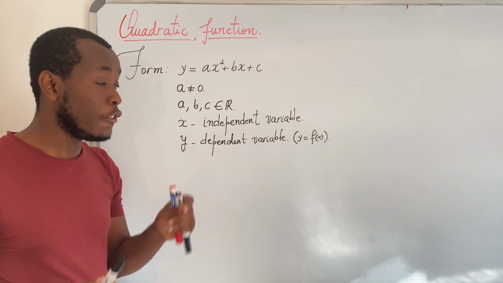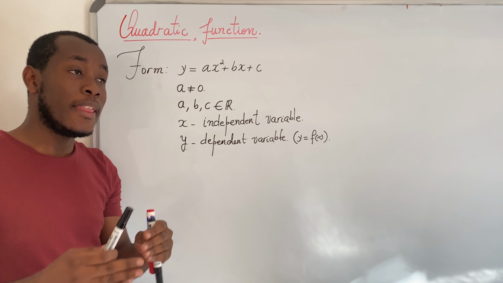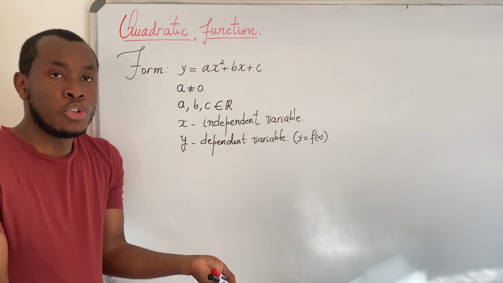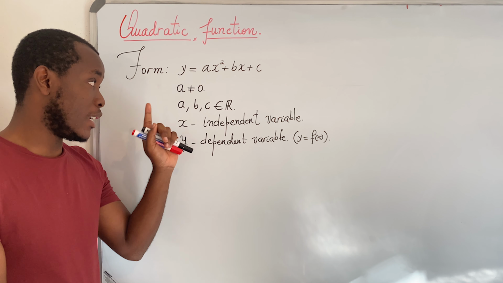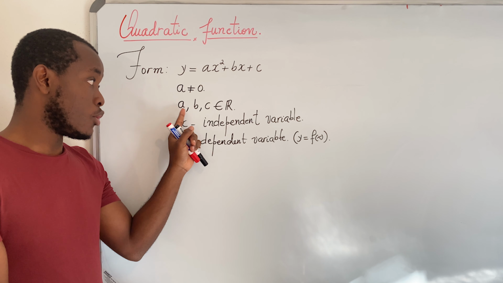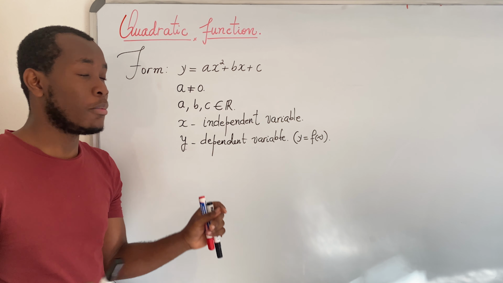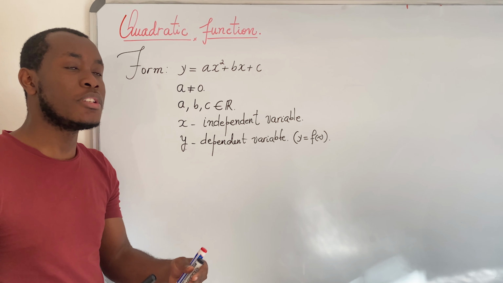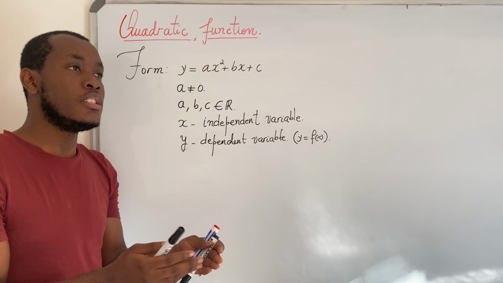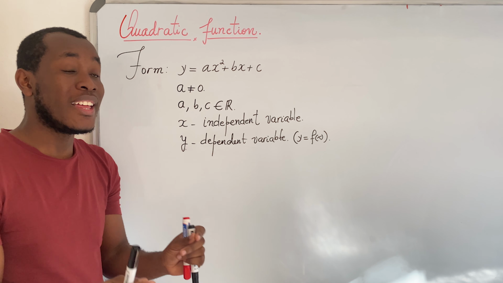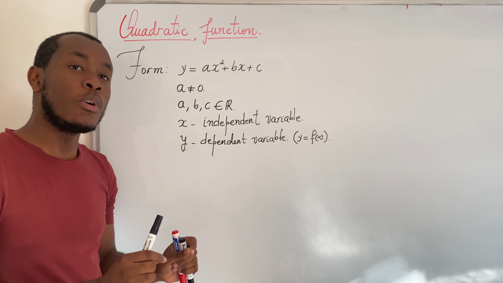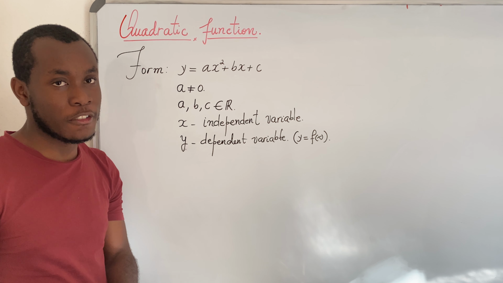Now that's the question. If we only stated the condition for a, that means b and c could be 0 because they are constant. Here we said a is also constant, but a can't be 0. But b and c, they can be 0. So what happens if b and c are 0? That's a good question. That means that we can call it incomplete quadratic function.